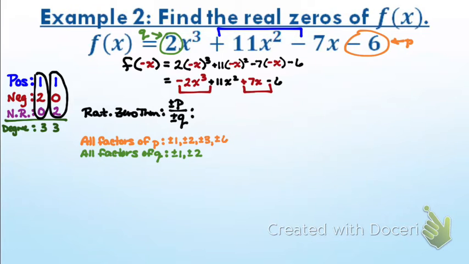Over each of my potential denominators, so I know plus or minus 1 over 1, 2 over 1, 3 over 1, and 6 over 1.